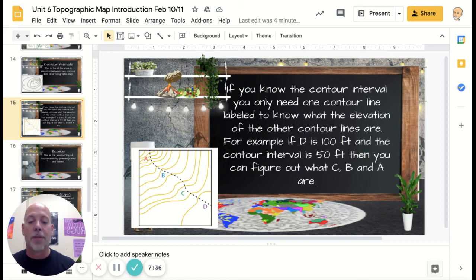They go up by 50 feet, so that'd be 150, C here would be 200, 250, 300 for B, 350, 400, 450, 500, 550. A would be 550. So based on knowing what the contour interval is and having one contour line labeled for you, you should be able to determine the rest of the elevations for that map.